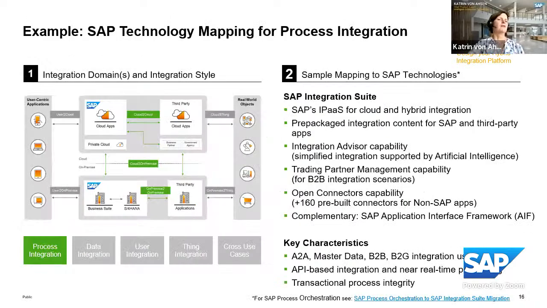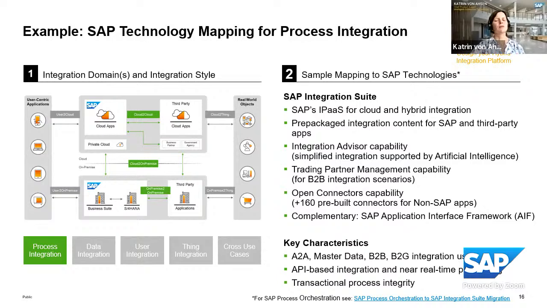Yeah, and here we have an example of such a technology mapping in an SAP context. When looking at the integration style of process integration, the recommended solution would be SAP Integration Suite for cloud and hybrid integration scenarios, which has the value add of prepackaged integration content to implement and integrate SAP and also third-party applications.